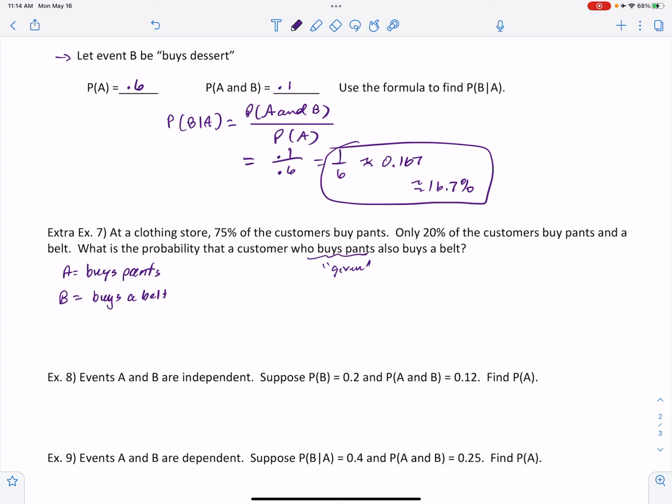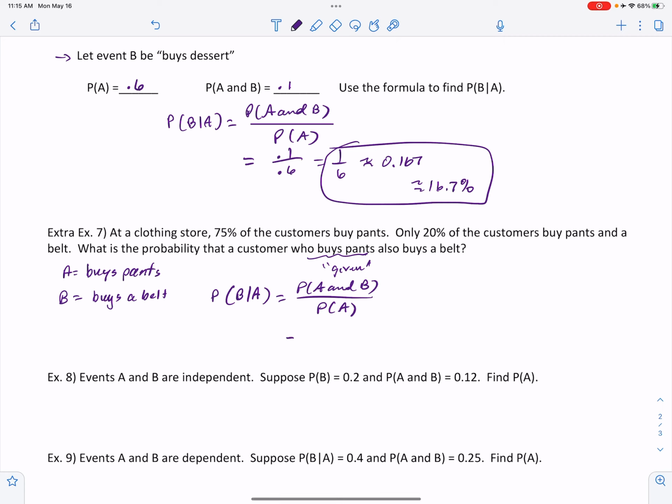Well, probability of A given that B has occurred is the probability of A and B divided by the probability of A. Whoops. I just wrote this wrong. Sorry. Probability of B, given that A has occurred. My fault. Is all over the probability of A. There we go.